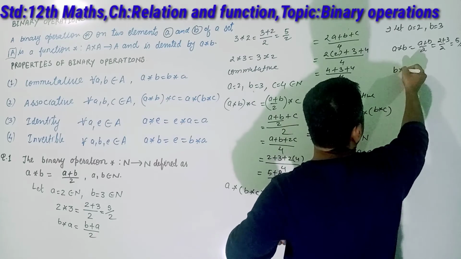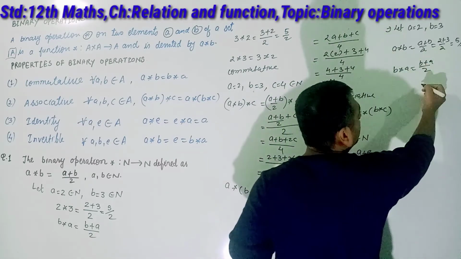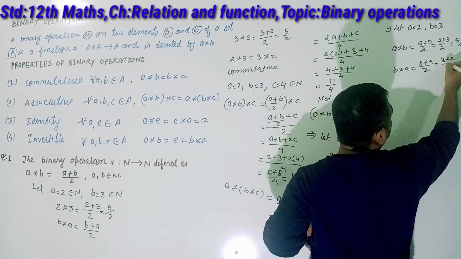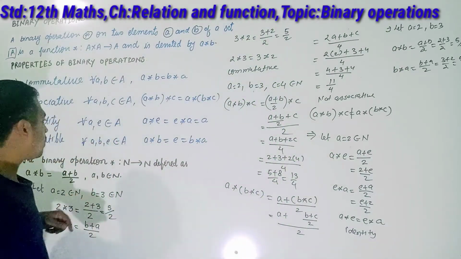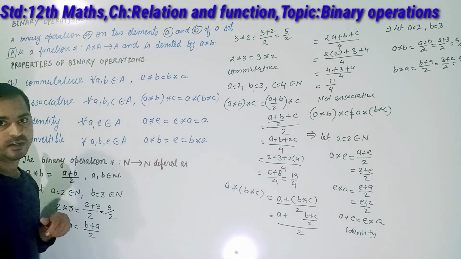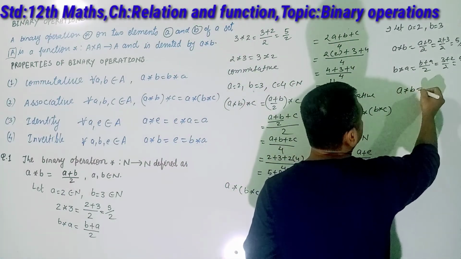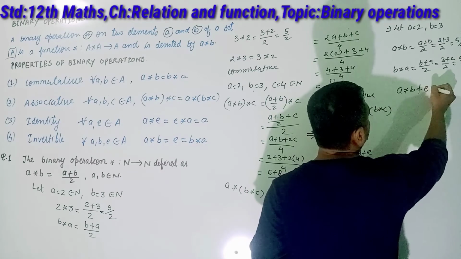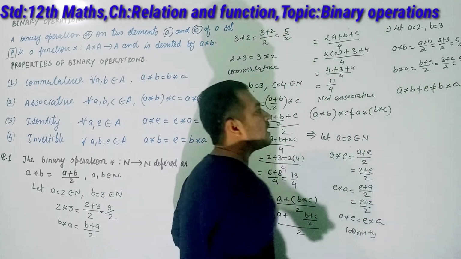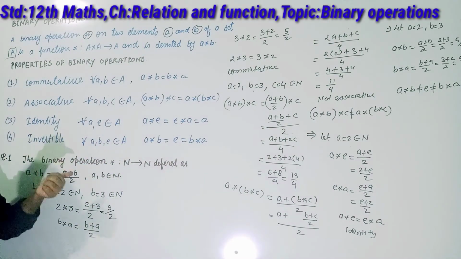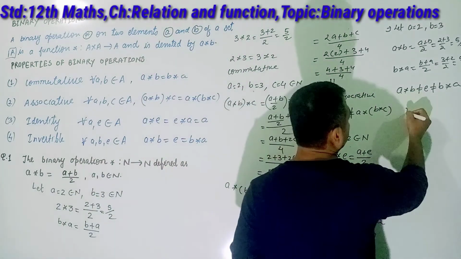And b star a, (b plus a) by 2 means (3 plus 2) by 2, again 5 by 2. Right students, we are not getting e over here, so a star b is not equal to e. So the given binary operation is not invertible.